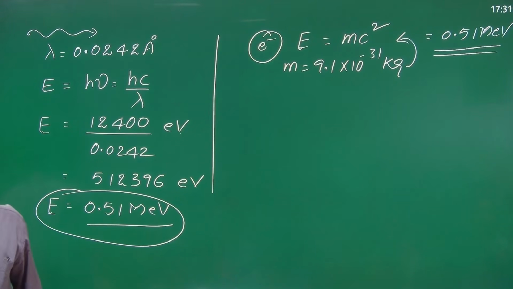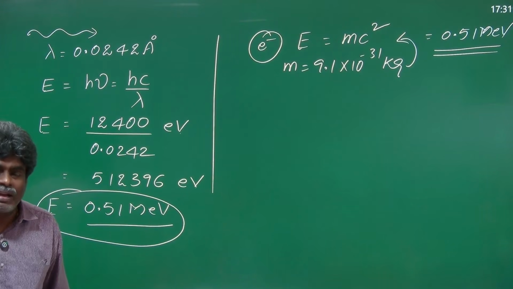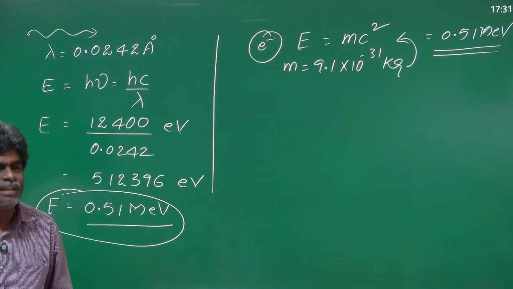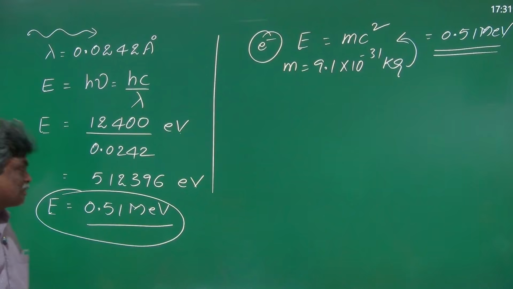Now tell me, the photon wavelength, how much have you taken? 0.0242. Listen. The wavelength of a photon of 0.0242 angstroms corresponds to the energy of the rest mass. Now next question.